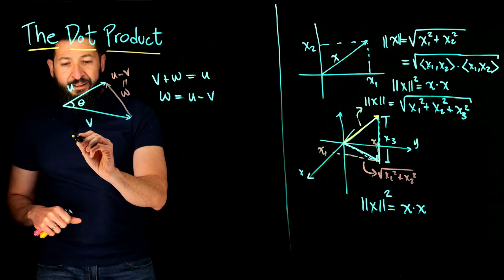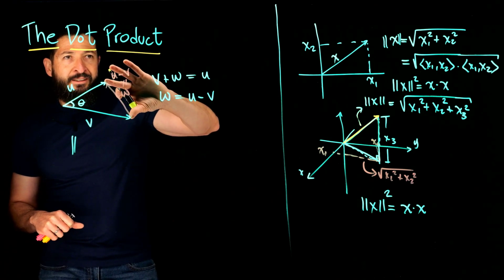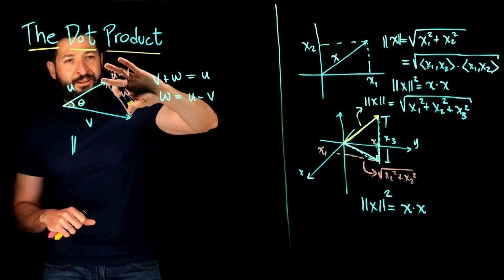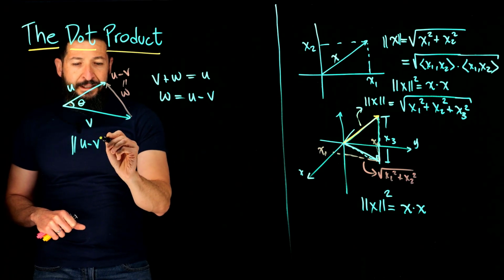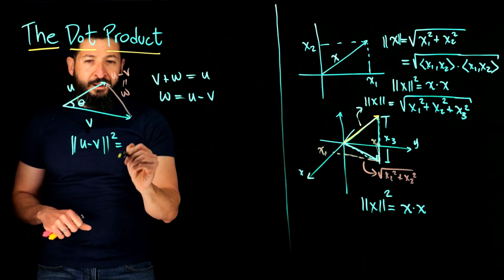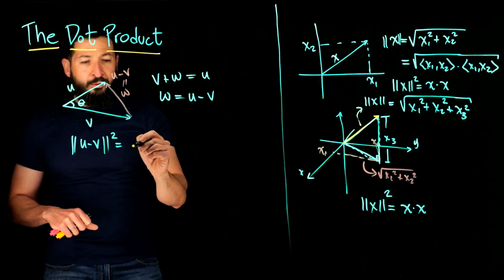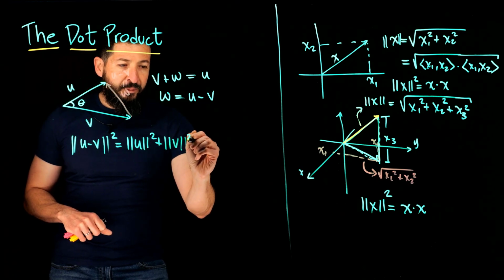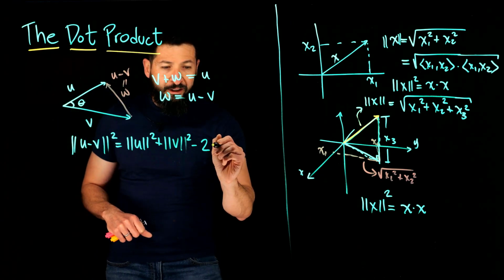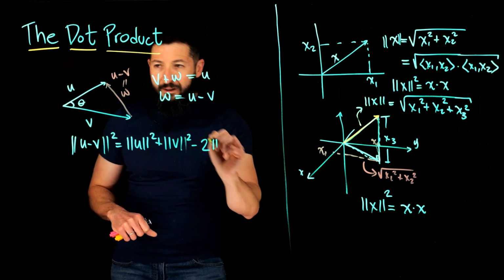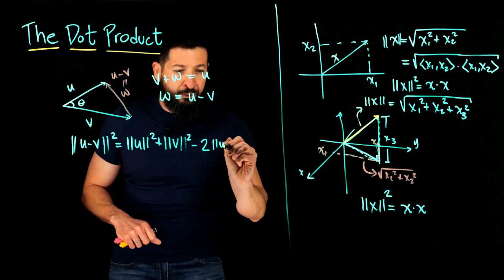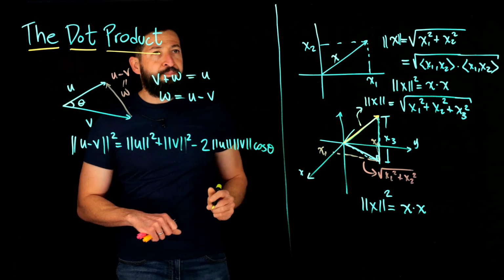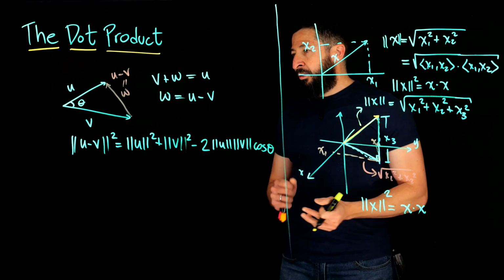The law of cosines tells us that the magnitude or the size of this line, not thinking about it as a vector, just as a line, u minus v, squared, is going to be equal to the sum of these 2 magnitudes, u squared plus v squared, minus 2 times the length of this times the length of this, which is u v cosine of the angle. So that is the law of cosines right there.